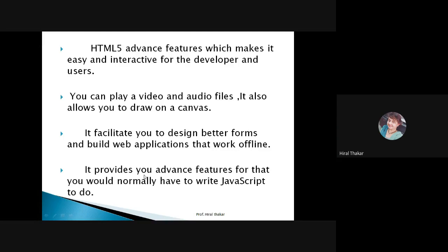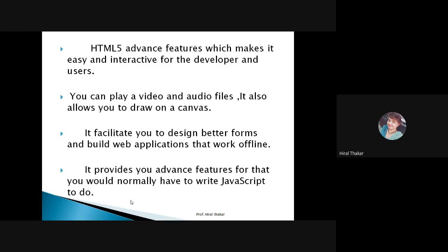For that, obviously, we would have to do much coding. It provides you advanced features. For that, you would normally have to write JavaScript. What does it mean? In HTML5, we get some features that were available only with JavaScript when HTML5 was not there. If you wanted to provide such functionality, you had to write code in JavaScript.